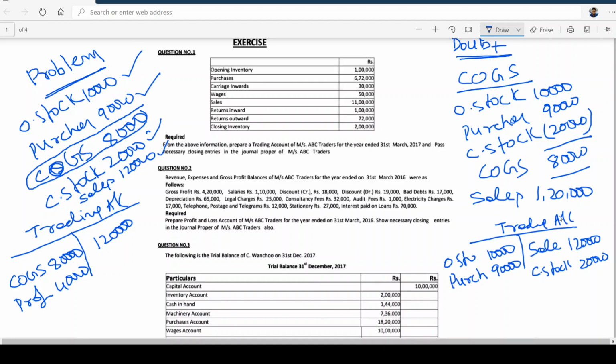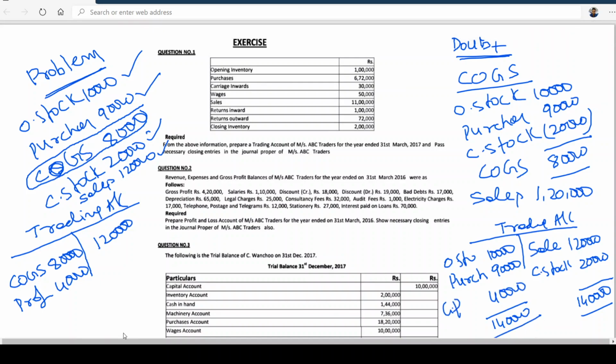Is this clear? Now you see the answer. 1,20,000 plus 20, 1,40,000 minus 1,40,000. You got the same gross profit, no? Either you take cost of goods sold or you take opening stock, purchases, closing stock, the answer is same, am I right? How, sir? Simple logic.